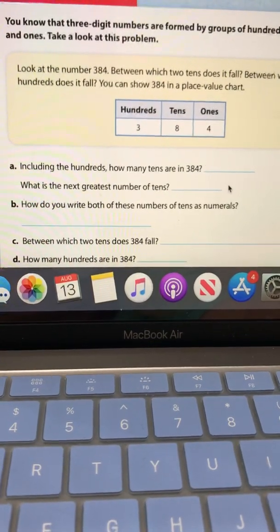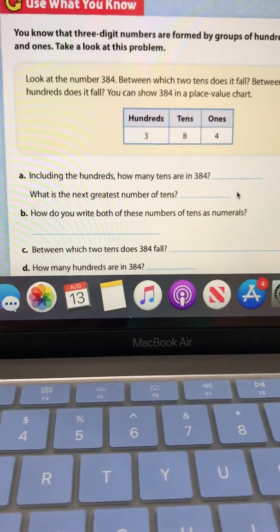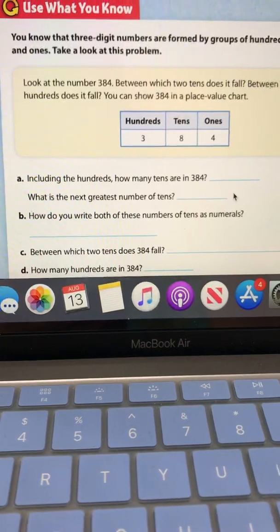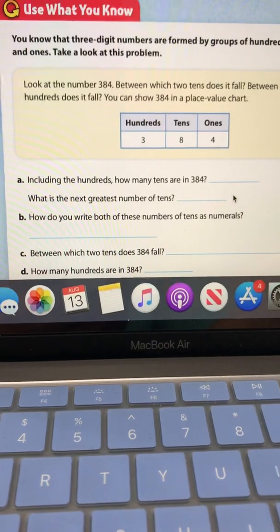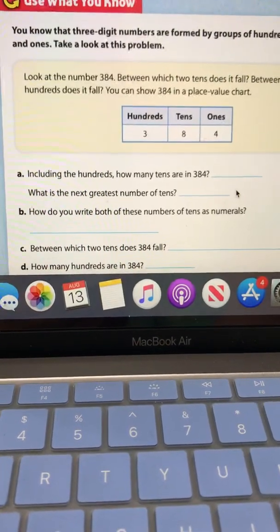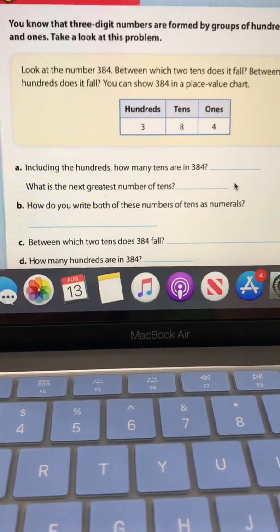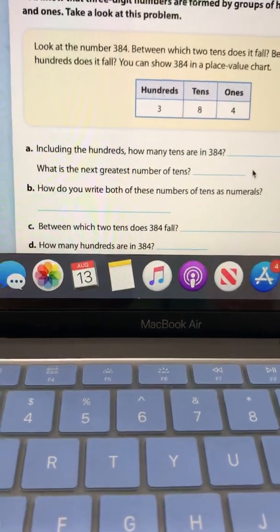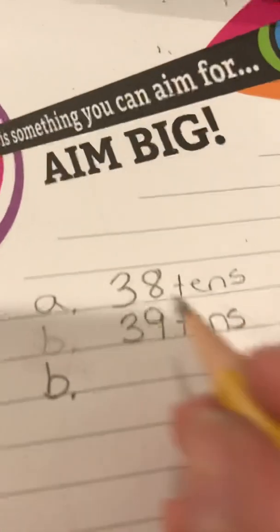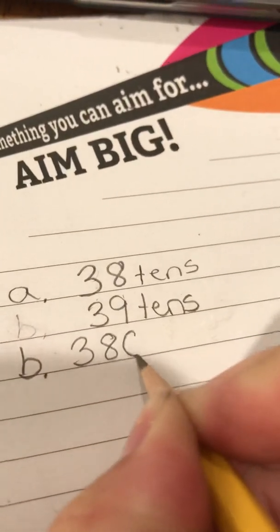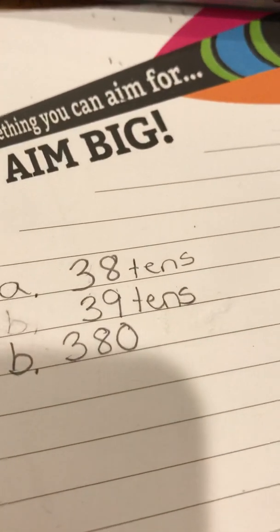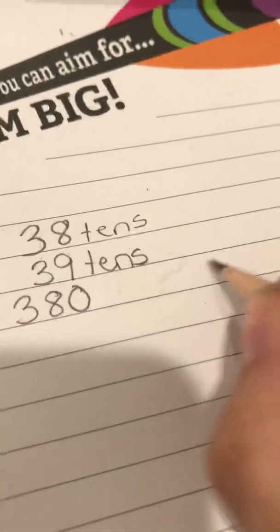We need a placeholder. What digit do we use for a placeholder? Yes, we use a 0. So how would we write these if we're using that placeholder for our ones place? Well, we would write it just like this. 38 with a 0 now in the ones place because I do not want those 4 ones.